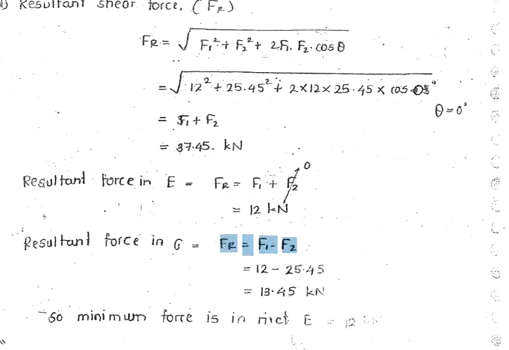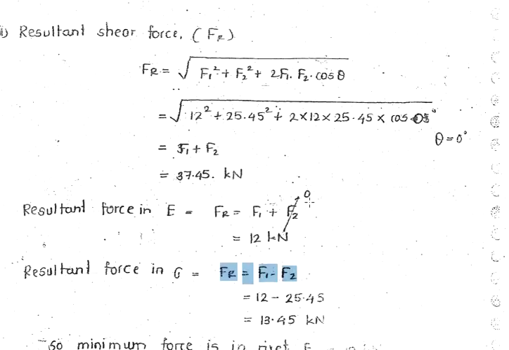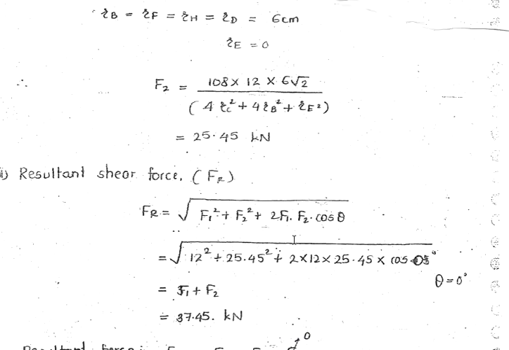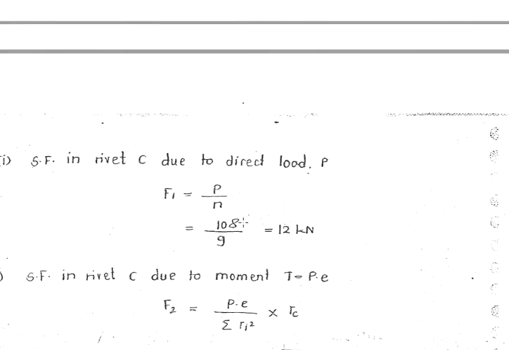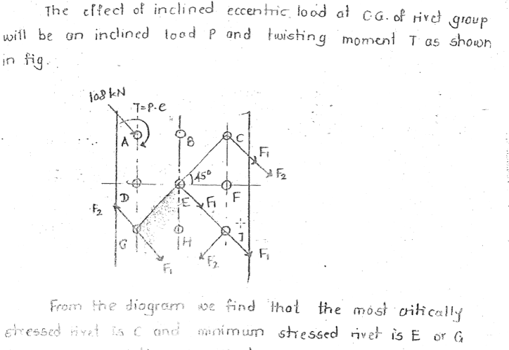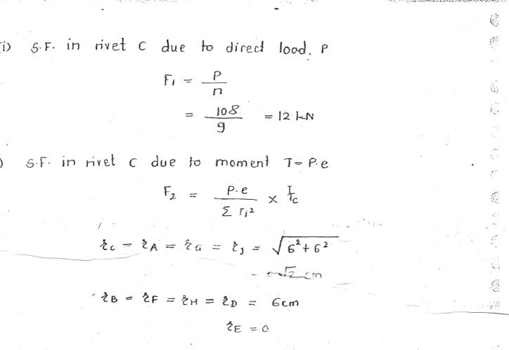If we talk about the fastener at the center, the resultant force in E will be only F1, while there is no F2, because F2 depends on the distance of the fastener from the centroid. You can see that in this formula.